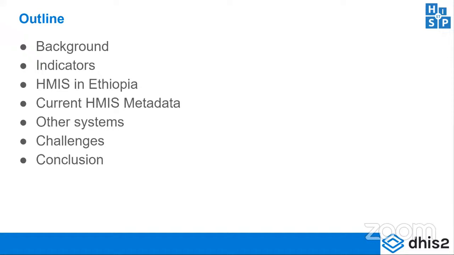As Brian mentioned, there is a trend going on all over the world. We'll try to mention that, and how NCD data is being covered in other health systems, what kind of challenges we have, and some conclusions, and if we have time, we can give you a demo about the system.